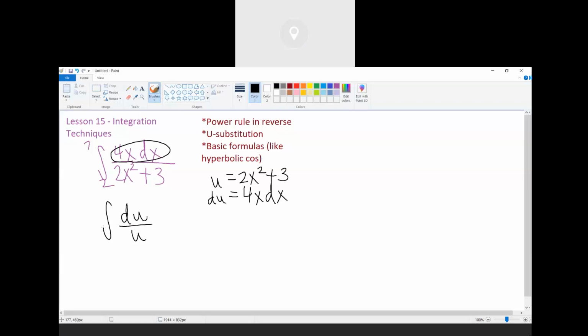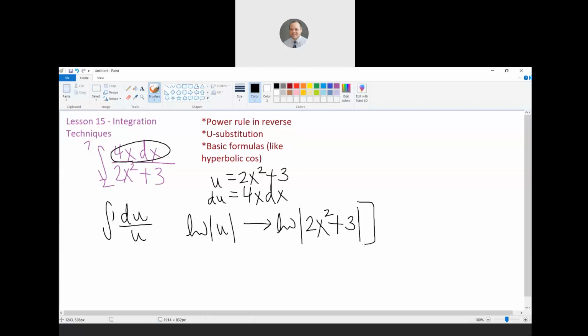Now, the integral of 1 over u du is natural log, absolute value. Before we evaluate our integral, we need to back substitute what u originally was. So u was originally 2x squared plus 3. Now we're ready to plug in our limits of integration.